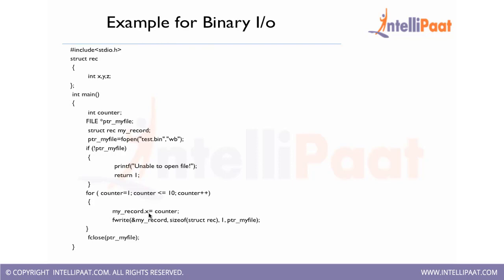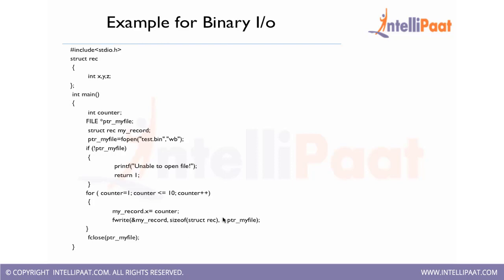We are initializing the x value to the counter, and then we do fwrite operation. We are providing the address of what we want to write. We want to write some structure into the file, size of the structure, and number, like we want to write only one structure.